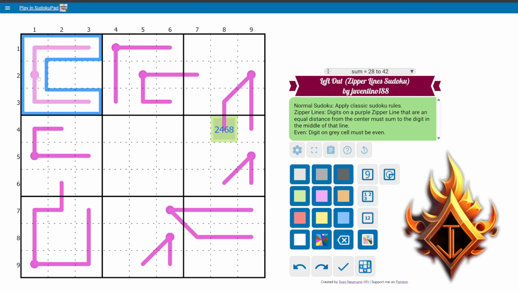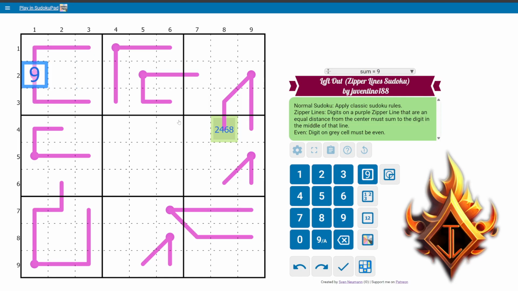7 times 4. So 7 is the minimum. But there are only 3 ways to make 7. There are only 3 ways to make 8. So this must be 9, and that is going to be 36. And then the last way to make it. Oh, wait a minute, I just said there was 3 ways to make it.